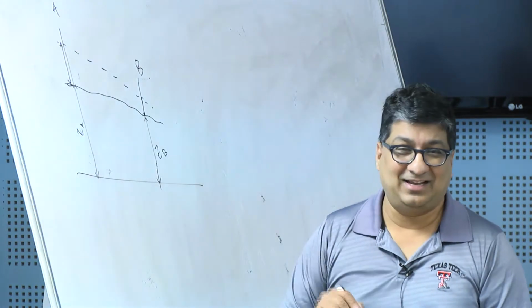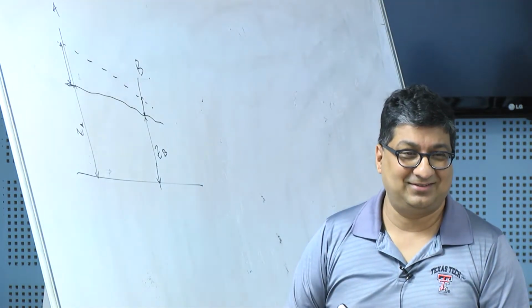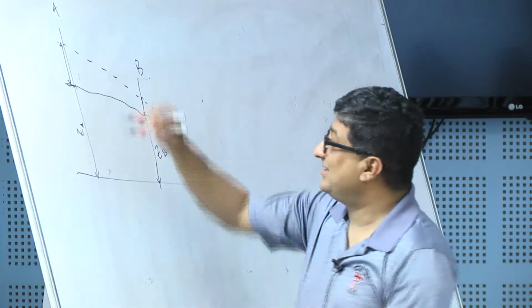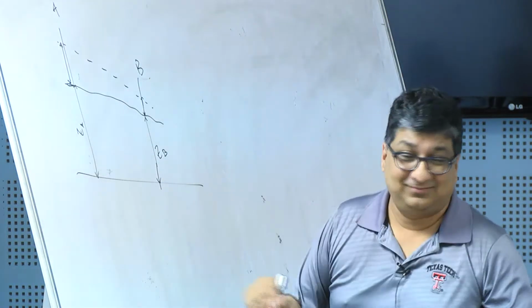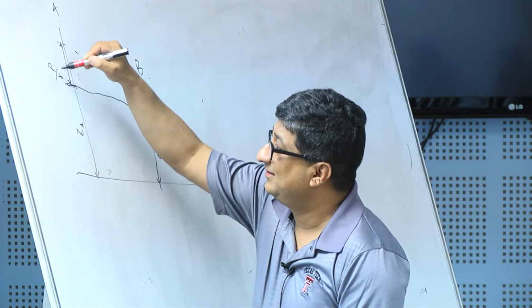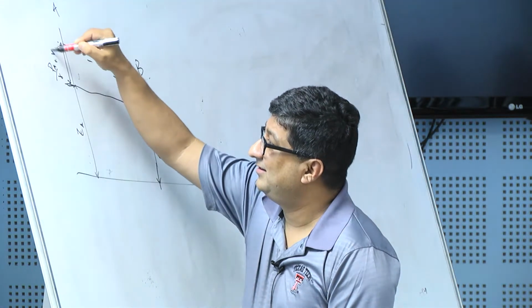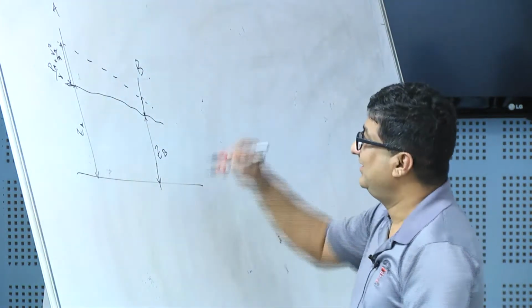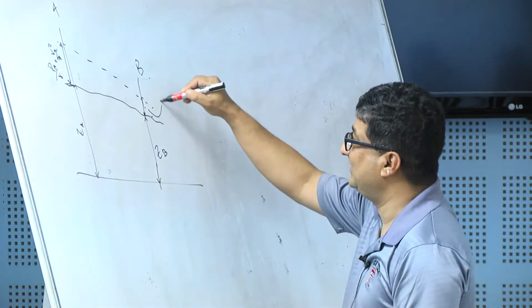Yeah, water depth, but what does that water depth signify? That's our hydraulic grade line. So this is the pressure head term, and this one here is the elevation head term.